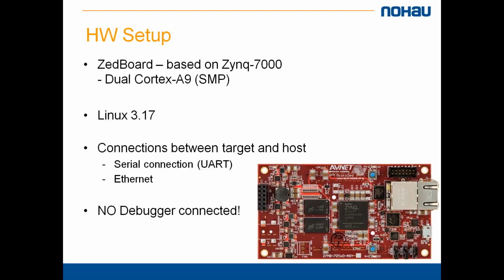I have a serial connection, a UART, which will give me a PuTTY, and I also have an Ethernet connection, which Streamline will use to pass data to the host. Just to highlight this, there is no debugger connected, so no debugger is needed to do what I'm about to show you.